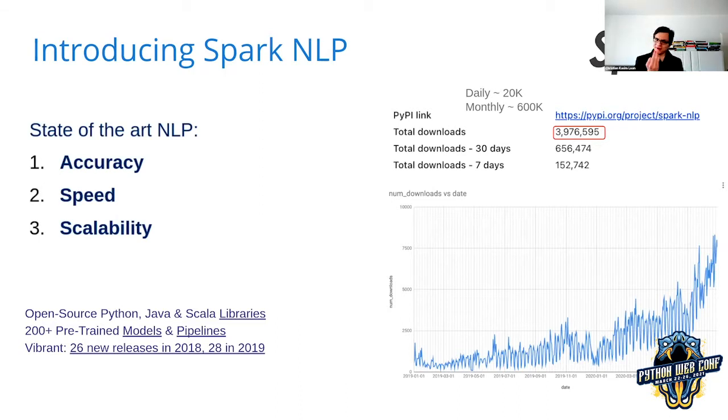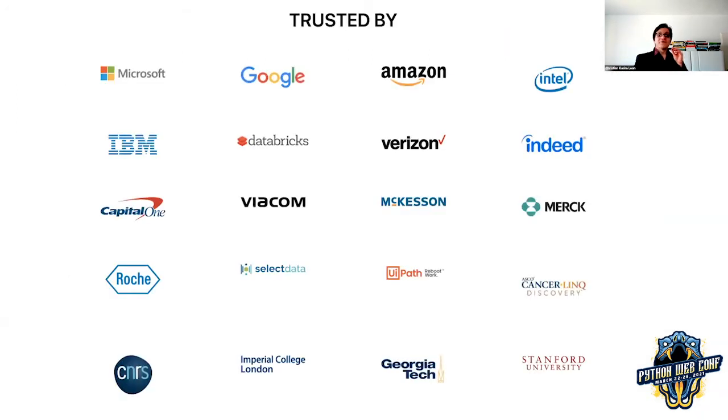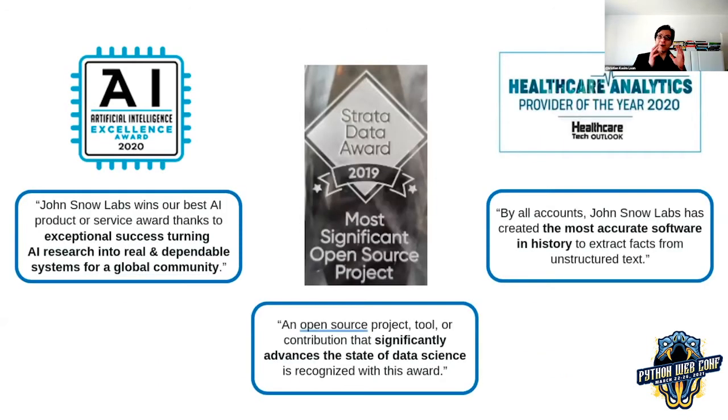And in just 3 years, with weekly, almost 2-week releases, they have already accumulated over 3 million downloads and have become the most used NLP library in the industry, solving real-world problems every day with various amounts of trusted customers. And all of this hard work has been awarded numerous times by the industry.